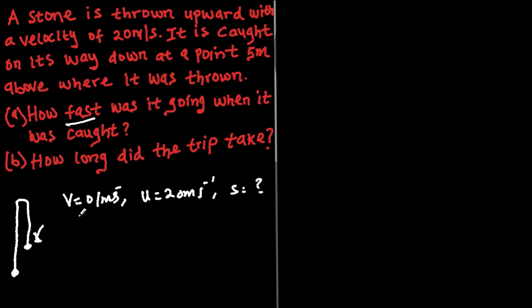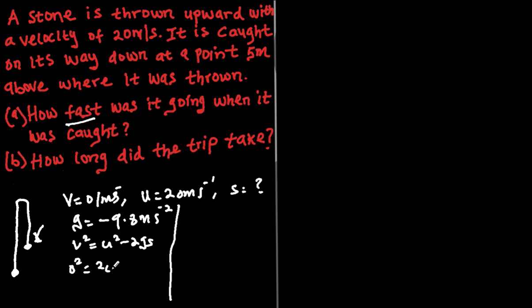Now, since it's going upward, our g is going to be negative 9.8. In a more advanced case, you use g as 9.8, except that it is given for you to use as 10. All right, so let's stick with 9.8. Now, the equation we use will be v squared equals u squared minus 2gs. We are looking for the maximum height attained. So v is 0. 0 squared equals 20 squared minus 2 times g times s.